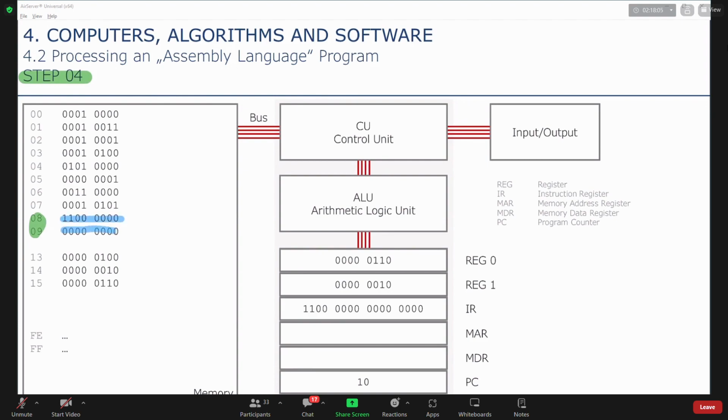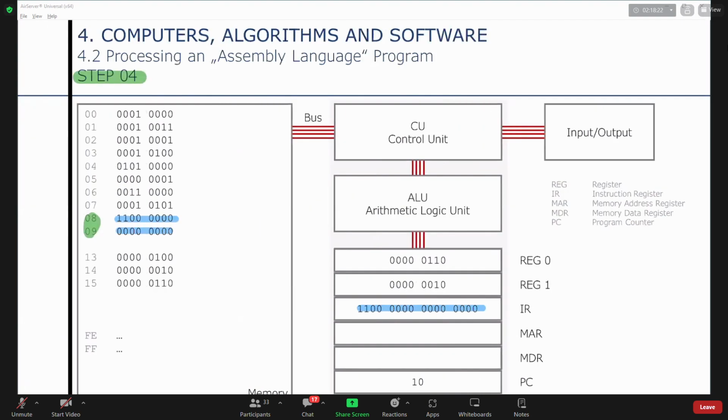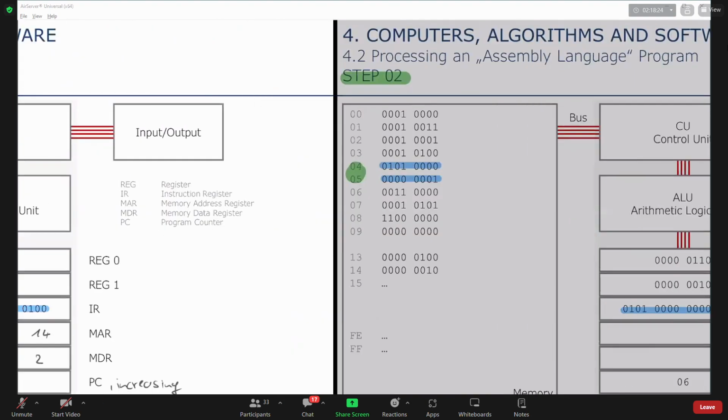So what we have now in the instruction register is that one. And therefore we are not caring about registers or memory address register or memory data register. We do not need that for this step. So let's review again.